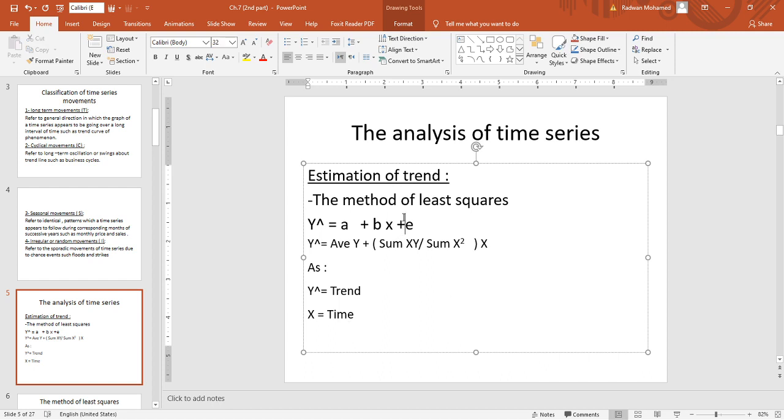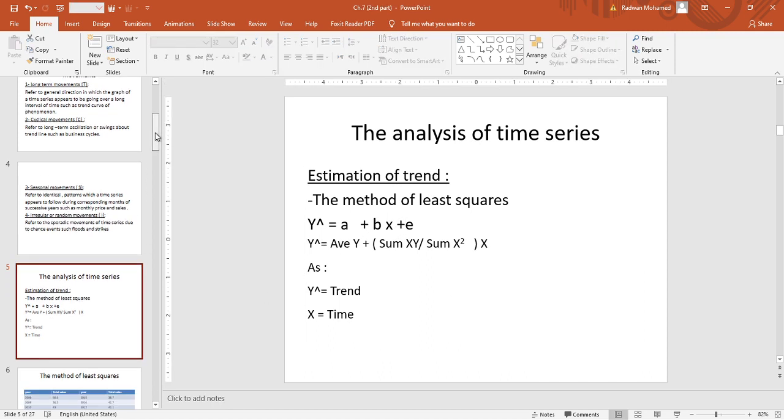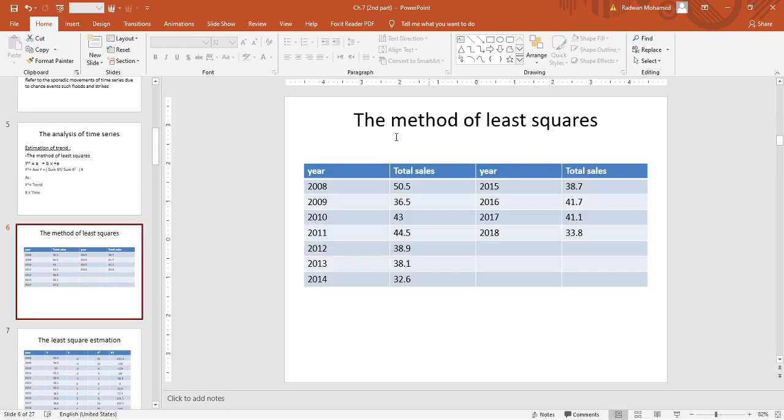Okay, so let's get started. We have the years from 2008 till 2018 and the sales for each year, and I want to forecast the next years 2019, 2020, and 2021. How should I do that?